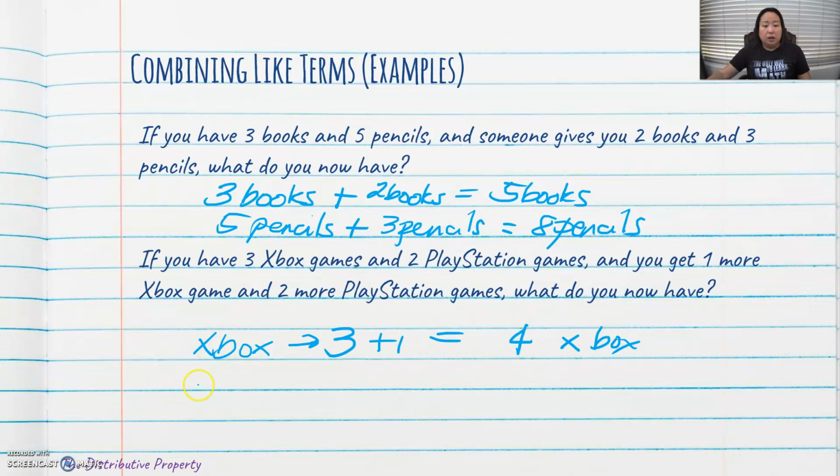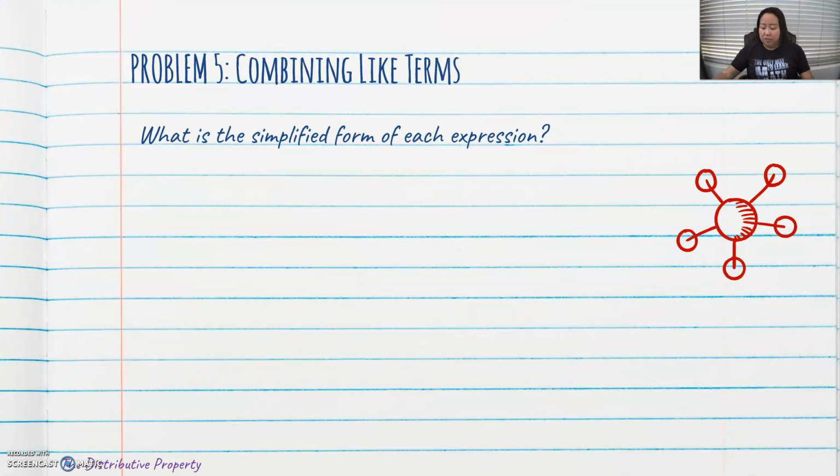As for the PlayStation, you originally have 2 and you added 2 more, so you get 4 PlayStation games. The idea that you cannot add 2 different items in real life is the same idea as combining like terms in algebra.